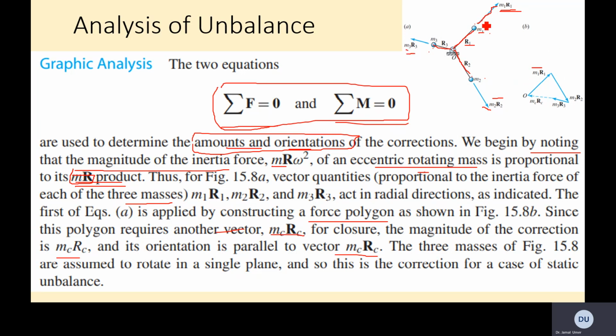Now you draw a parallel vector over here, of the same length and same direction, and then m2r2, which is this one, and then m3r3, which is this one. This is the direction and this is the length, the same. Then to connect both, because this polygon is required to be closed, we have mcrc. From here you can find out what the correction vector should be. So mc and rc both we can find from here. That is what is explained here. This is the force balance basically.